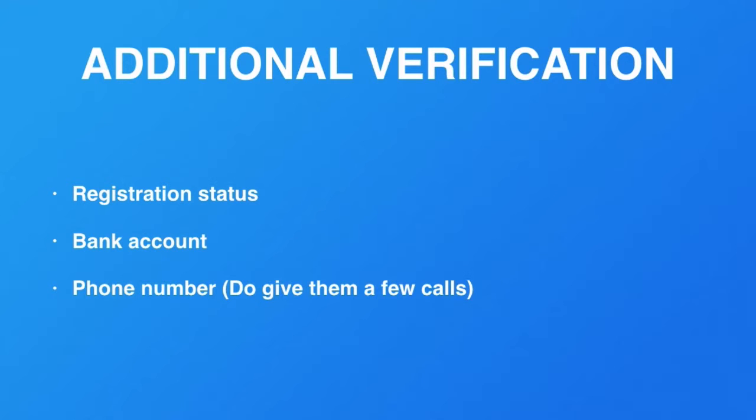If their phone number starts with 86 and then a 1 after the country code, that means it's a cell phone number. Most businesses will not register their business under a cell phone number. You get the point.